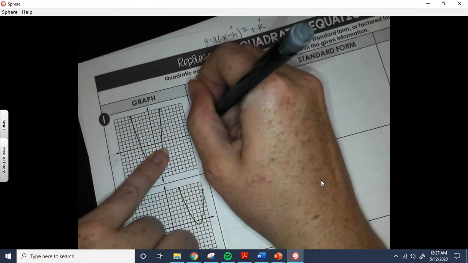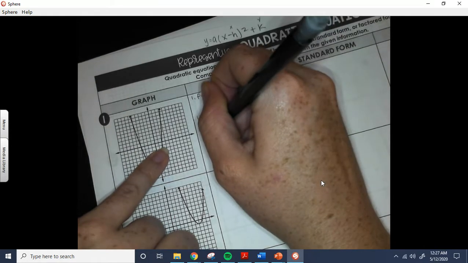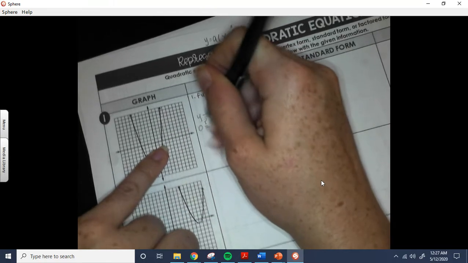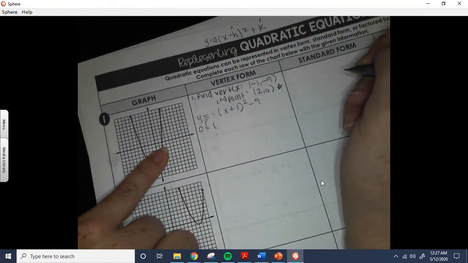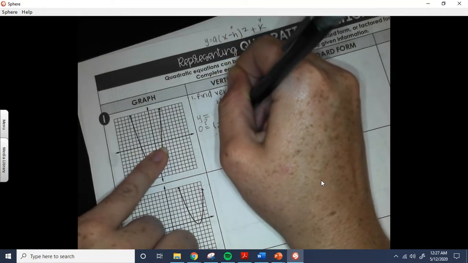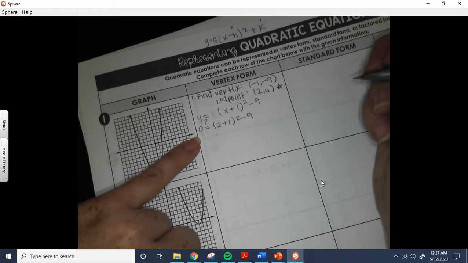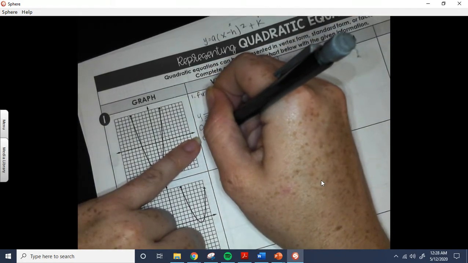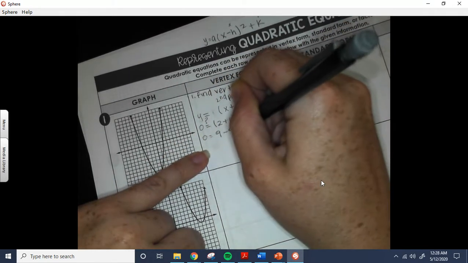So we're deciding if 0 is equal to, and actually we don't even want to write a at this point. We're going to plug this in and do (2 plus 1) squared minus 9. Does this make a true statement? So again, we don't know, but this is 3 squared, which is 9. 9 minus 9, in fact, is 0.